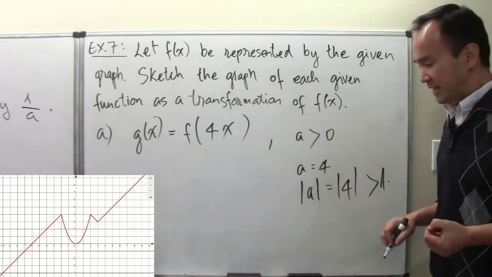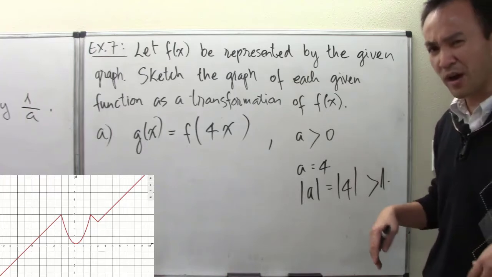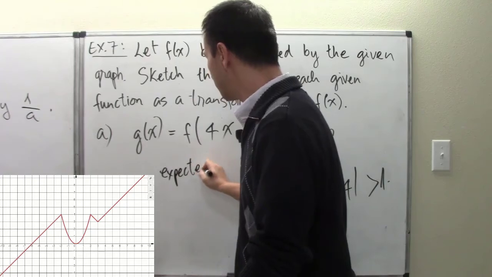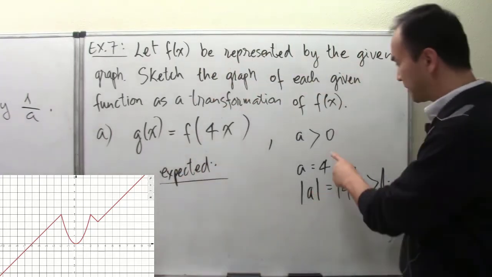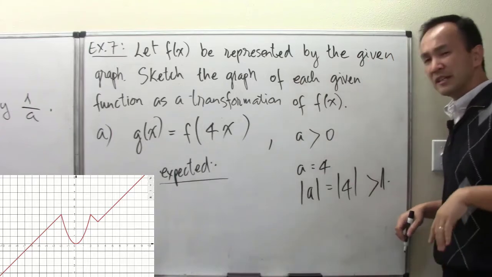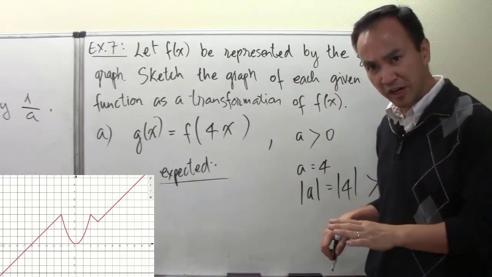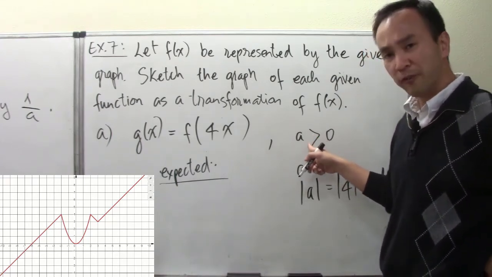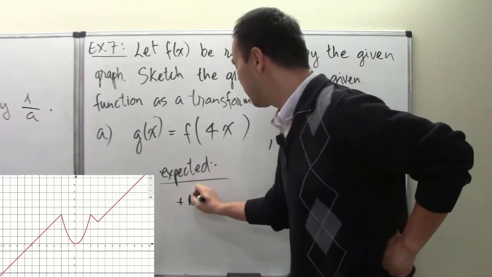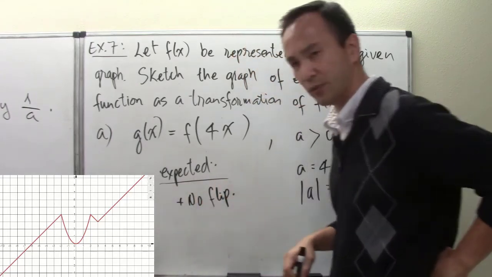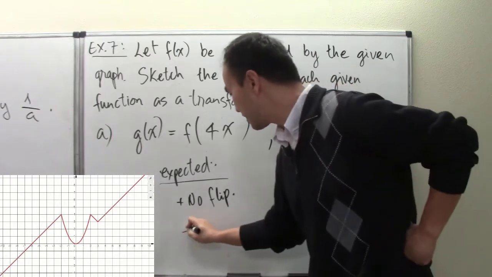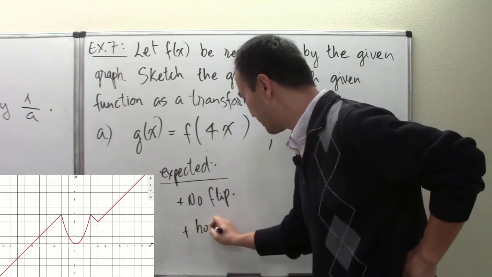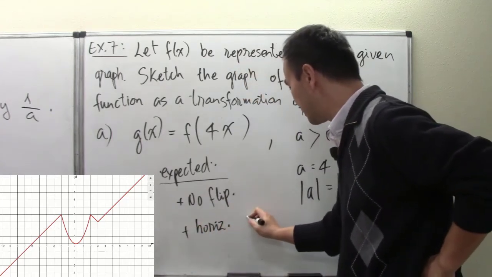As an expectation, having a positive a, if we look back into that table I've had throughout the detailed explanations, it is expected that we have no flip. That's making things a little easy there. And then this is going to be a horizontal compression.